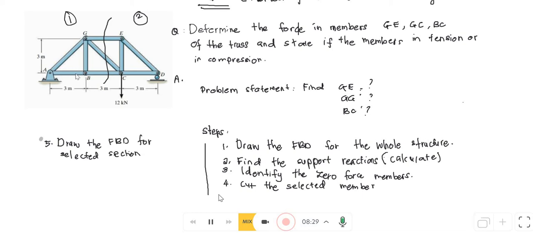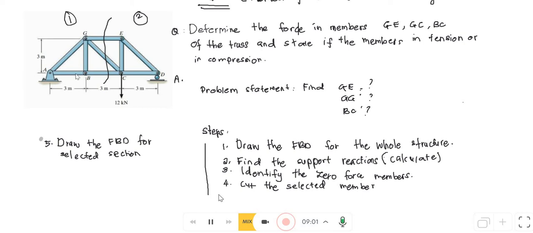Okay, so you can choose section 1 or section 2. The result you will get is the same, but in order to help you simplify the problem, try to choose the section that has fewer forces. Okay, later I'm going to show you, but now we will go through the whole step that normally we can do in order to solve this problem. Okay, for the truss problem using method of section.